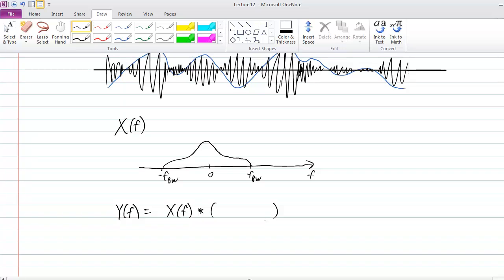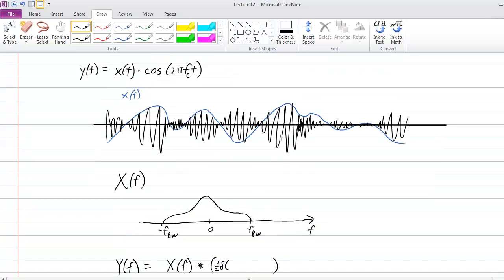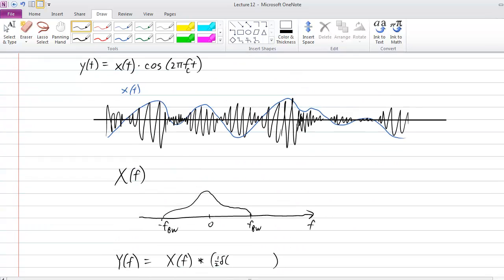Two delta functions, yep. So we have 1/2 delta of f minus fc plus 1/2 delta of f plus fc. That's the Fourier transform of cosine, and we get that convolution.